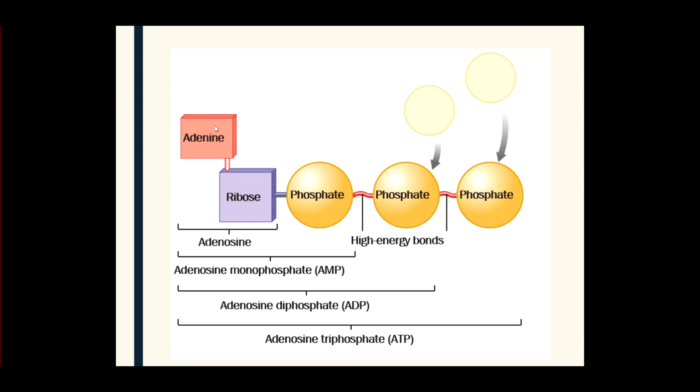How do we get the name adenosine? Very simply, we take ribose and combine it with adenine. These two structures, 1 and 2, make up adenosine. This is where we get the term adenosine from. It's just a combination of ribose and adenine.